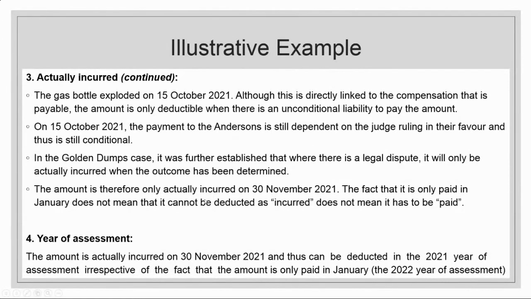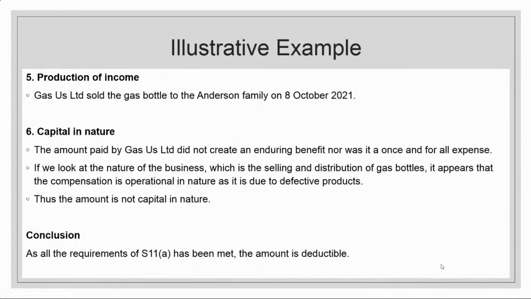So we actually incurred it on the date that the court decided that we are liable for it, which is the 30th of November, and not when we actually paid it in January. Okay, so that means it would fall in our year of assessment, because we've incurred it on 30th November, which is still before the 31st of December, and not in the year that we paid it in, the 2022 year of assessment.